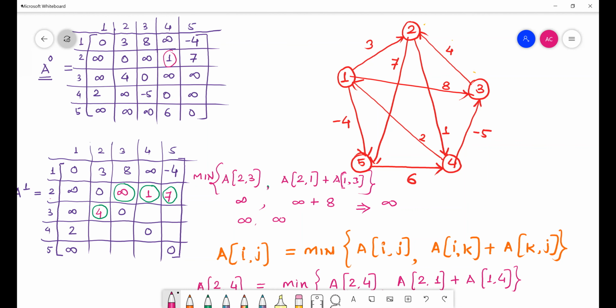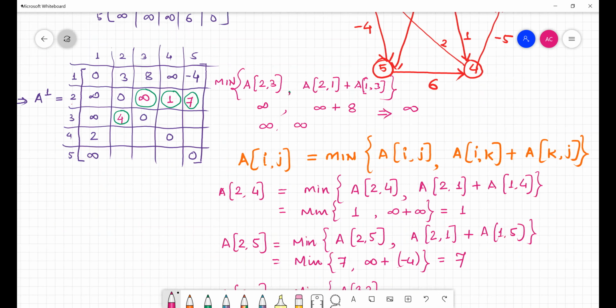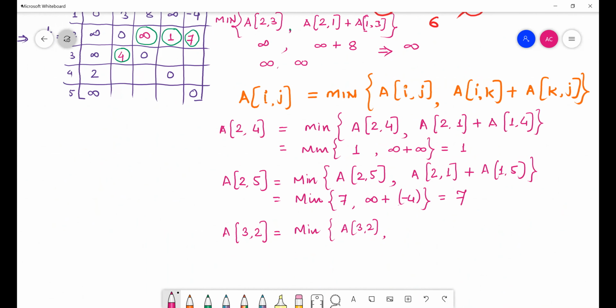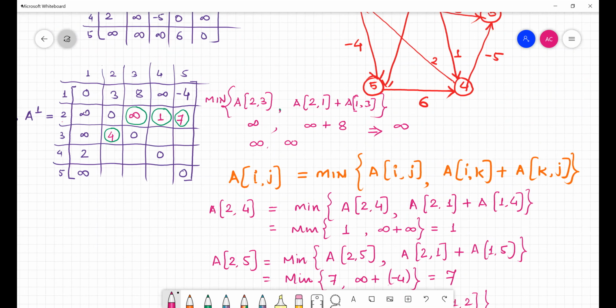Okay. So for A2, 3 to 2: the minimum of 3 to 2, and the other one could be 3 to 1 plus A of 1 to 2. This comes out to be the minimum of, 3 to 2 is how much? 4.